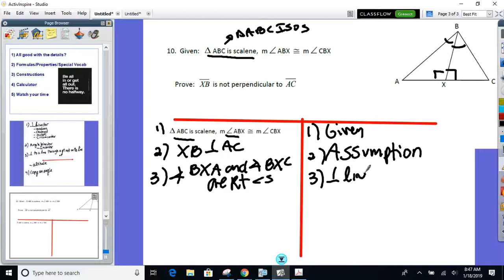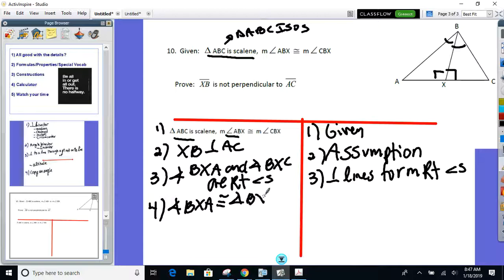Perpendicular lines form right angles. And if I take a quick glance at this, am I going to use HL to prove the triangles congruent? No, so I need to say that right angles are congruent. Now I have two pairs of angles. Where's the side? Reflexive side BX.